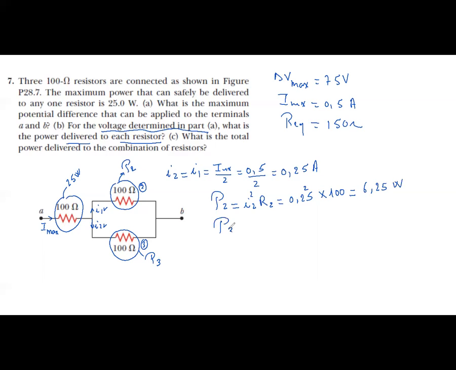And here also P3 equals I3 squared times R3 equals 0.25 squared times 100, which is 6.25 watt.